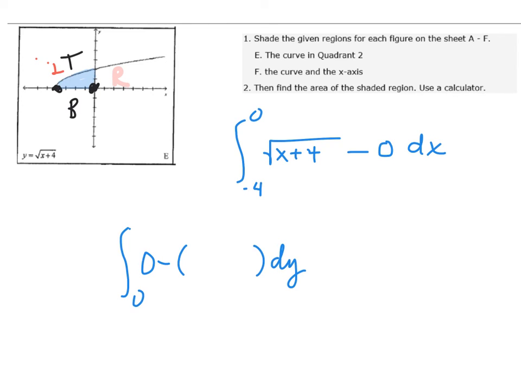And it would be from 0 to 2. And you should get the same answer. And the answer that I got for this one was 16/3. And I'm watching my key very closely. I'm trying not to make any errors whatsoever.